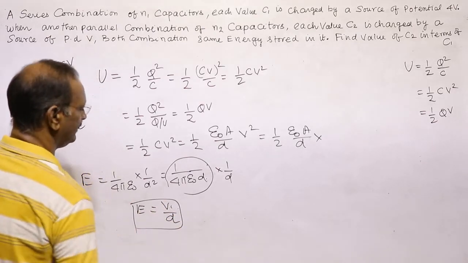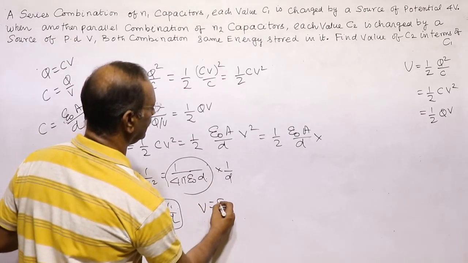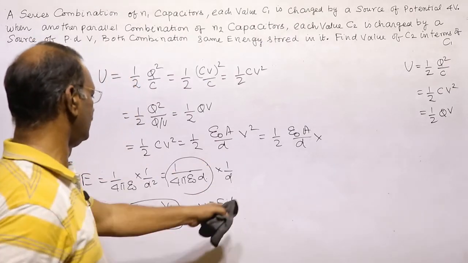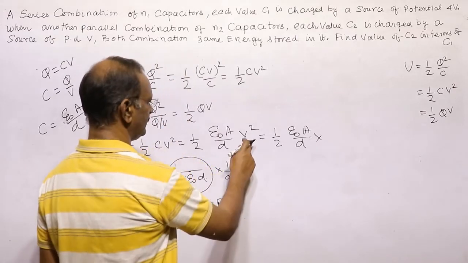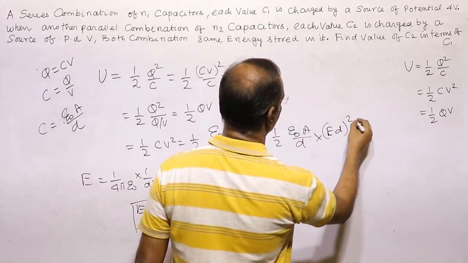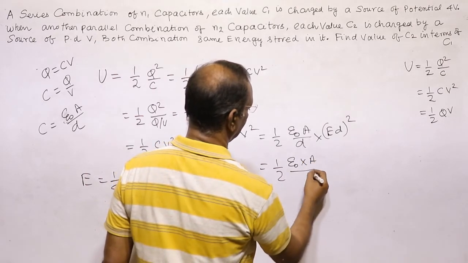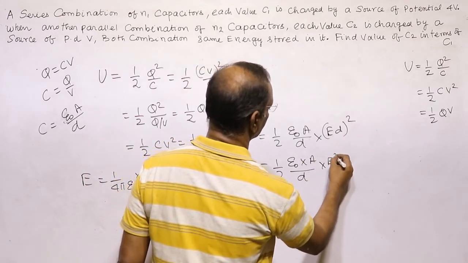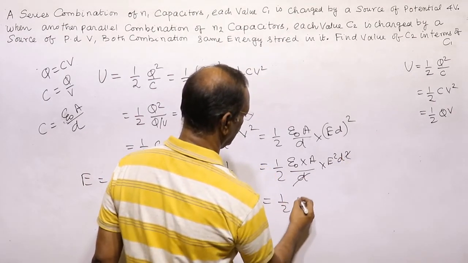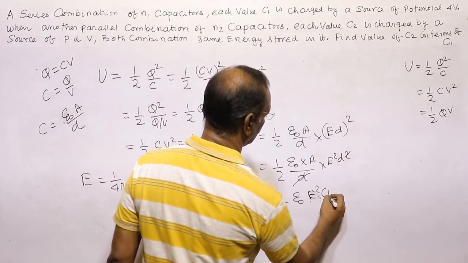Electric field is equal to V divided by D, so V is equal to E into D. Here V square is E into D whole square, which is equal to half into epsilon naught into A divided by D into E square into D square. D cancels, leaving half into epsilon naught A E square into D.